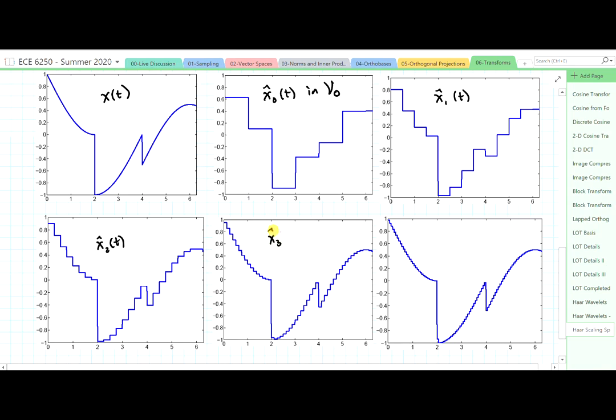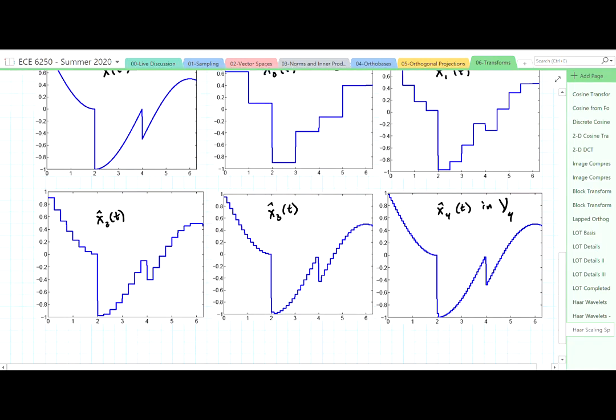X hat 3 of t. X hat 4 of t. Now you notice that this is getting fine really quickly, and that's because we're dealing with powers of 2. So the first one, x0, is on integer intervals, and 1/2, 1/4, 1/8, and 1/16. So it's getting closer to where we'd like to be.